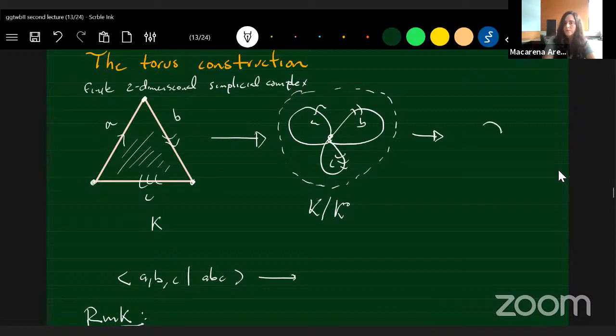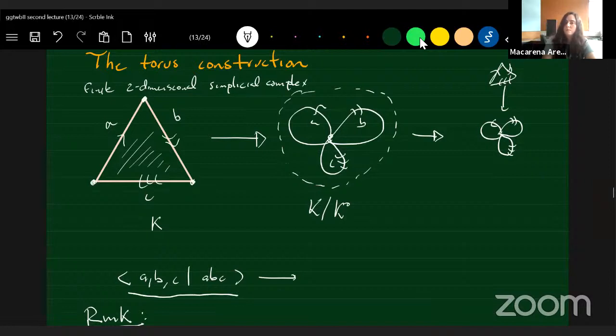And we can view it as a bouquet of circles to which we have glued a triangle. So a triangle whose boundary path, whose attaching map is given by the attaching map of the original simplicial complex. And so this is a presentation complex. It's a presentation complex that corresponds to this presentation right here.